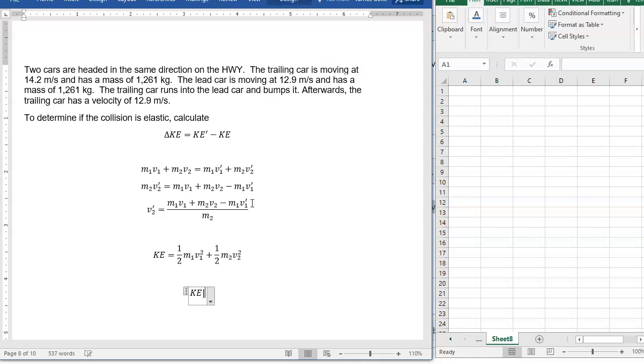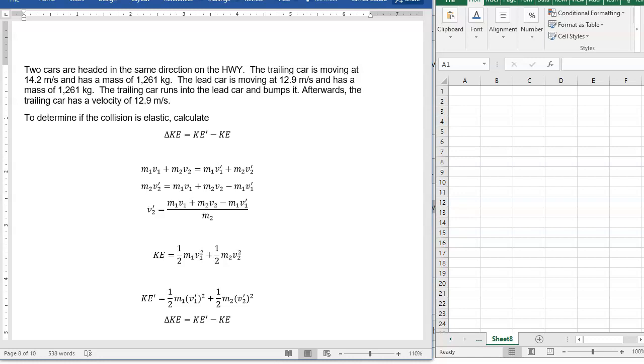And then KE prime is going to be 1/2 m1 v1 prime squared plus 1/2 m2 v2 prime squared. And we need to calculate delta KE, which is just KE prime, kinetic energy after the collision, minus kinetic energy before the collision.